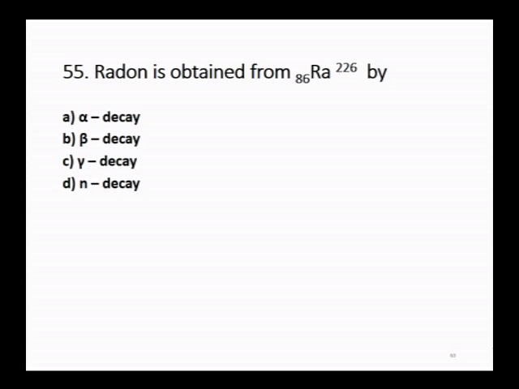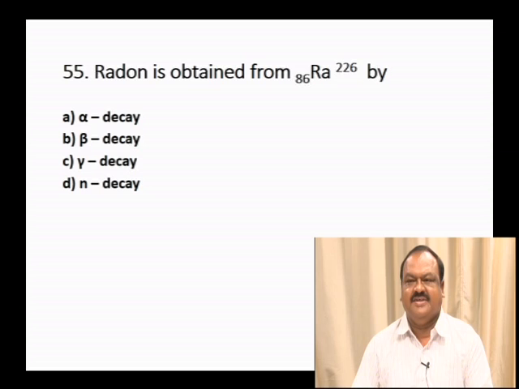Next, radon is obtained from radium with atomic number 86 and atomic mass 226 by alpha decay, beta decay, gamma decay, or n decay. As you know, radioactive disintegration is a property of an element.